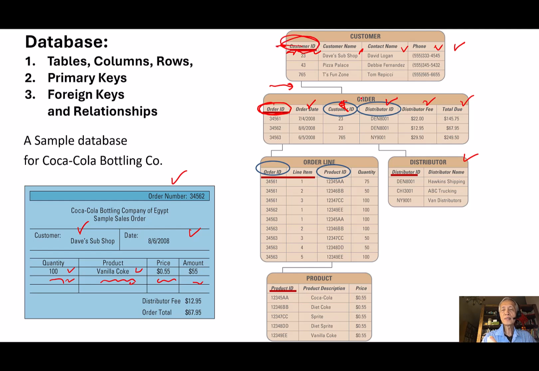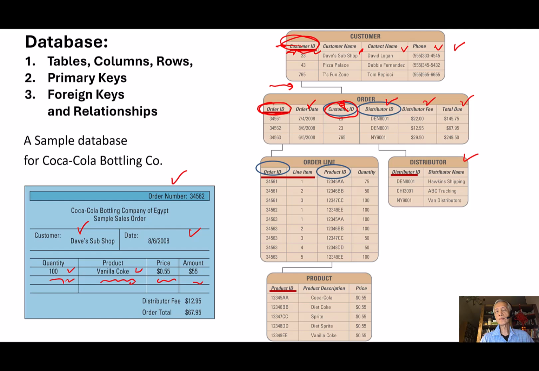order table has order ID as a primary key, but the customer ID in the order table is a foreign key. So here we're using this oval shape to highlight the foreign key.